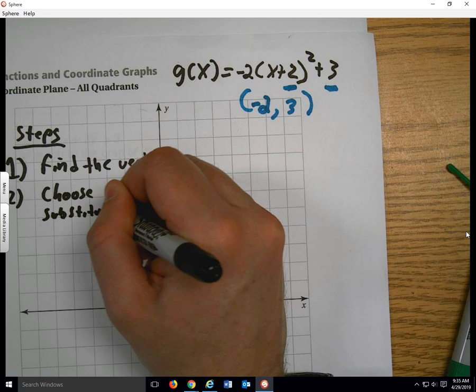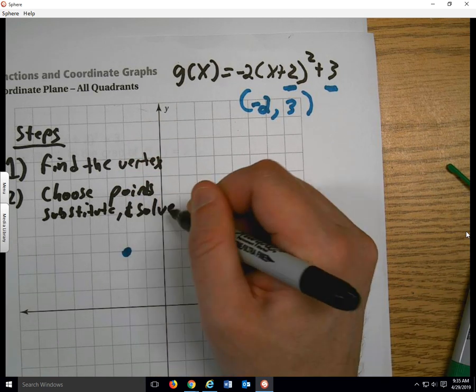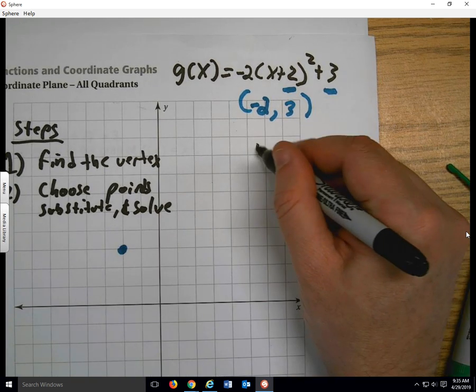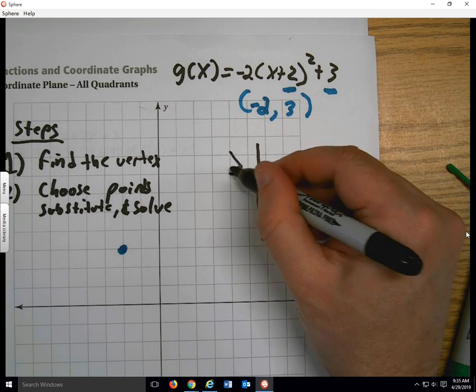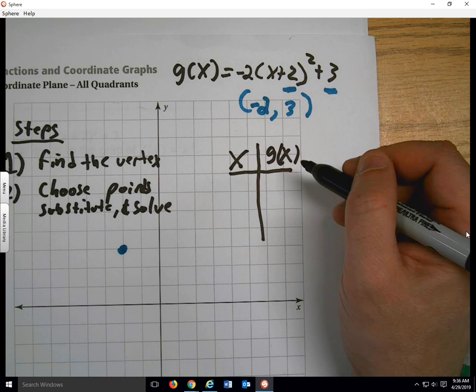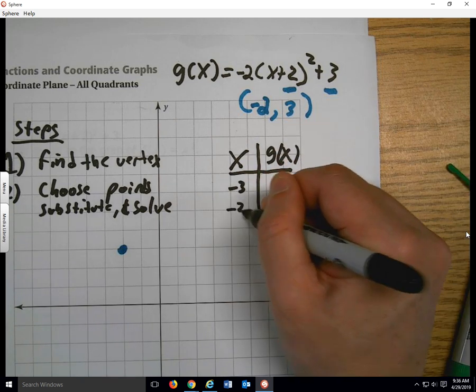Substitute and solve. It really sounds like 3 steps, like I'm tricking you, but it really is the second step. So the first thing we're going to do is make a little chart, and we're going to choose numbers. I don't know what numbers to choose. I'll just do a -3 and a -2.